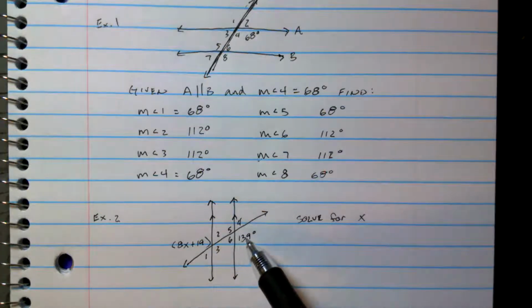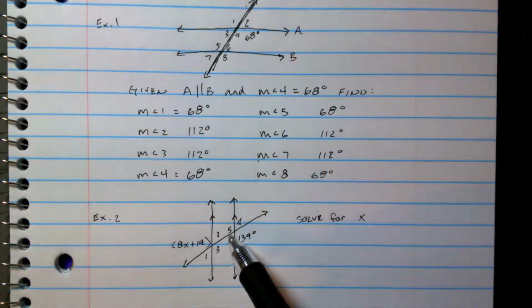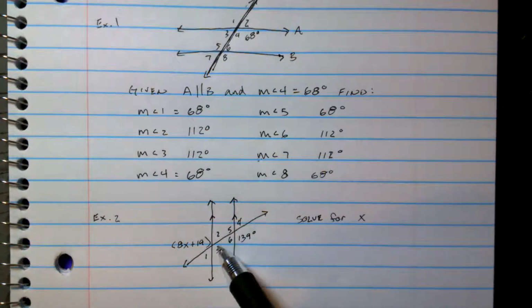Well, I know that angle 5 is 139 because they're vertical. That's easy, right? It's right there. So 139. Well, the good thing is what I know is alternate interior angles are also congruent. So I can make the leap that way.